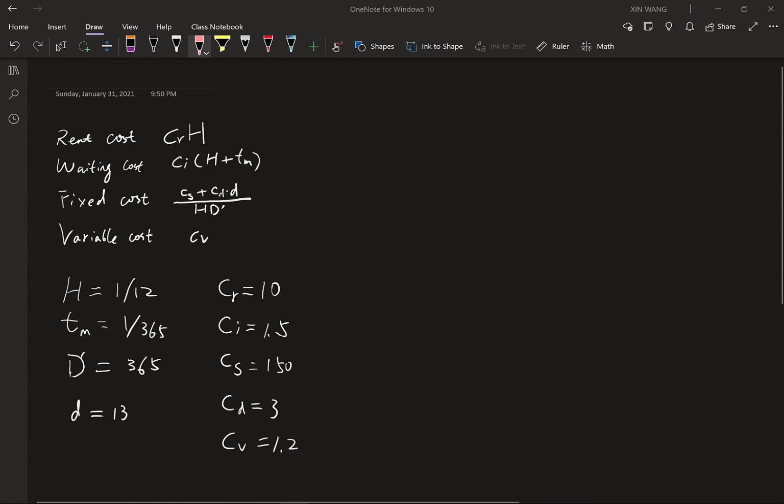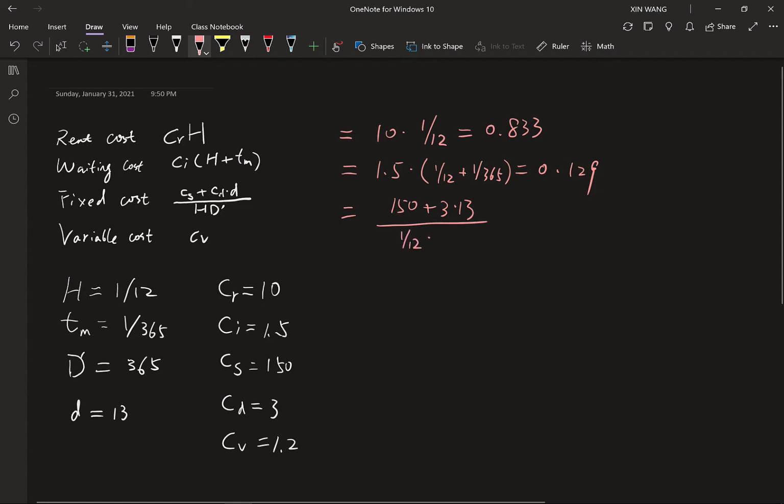So with all the parameters, the run cost equals 10 times 1/12, which equals 0.833. Okay, the wait cost is 1.5 times 0.129. And then the fixed cost equals 150 plus 3 times 13, divided by the demand rate, equals 214.